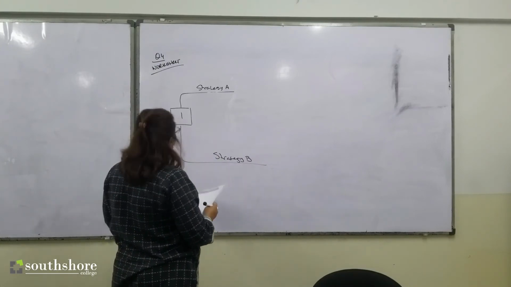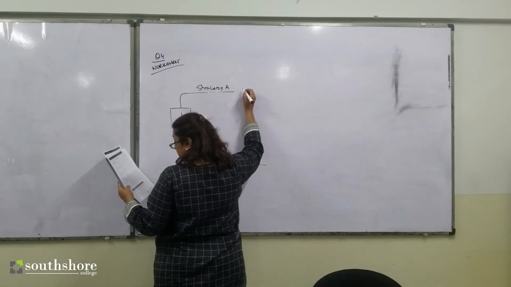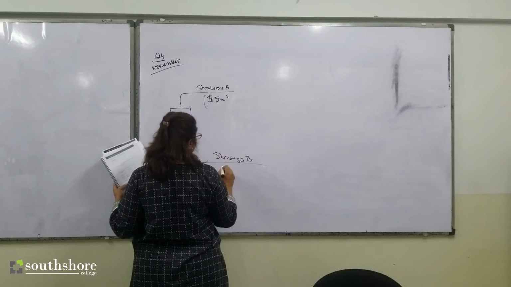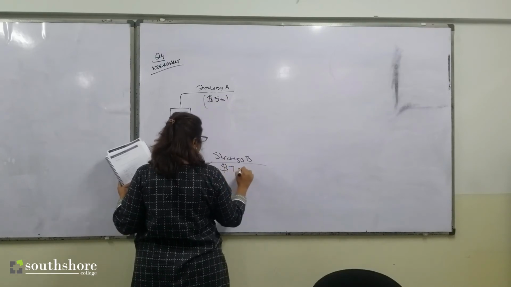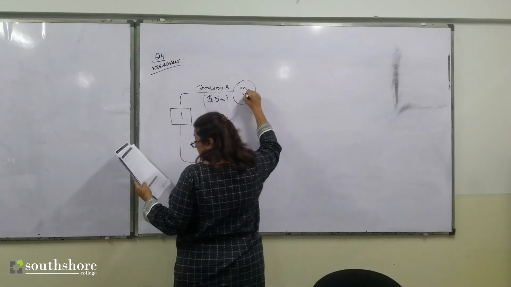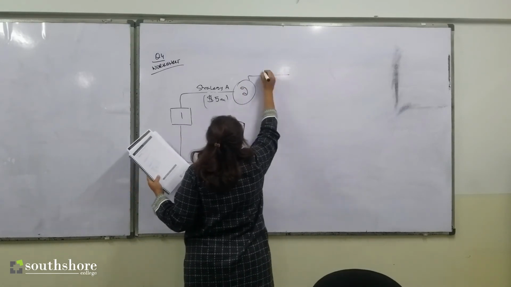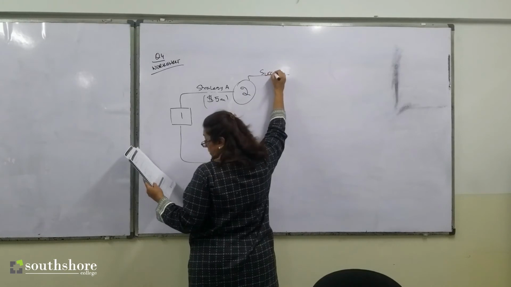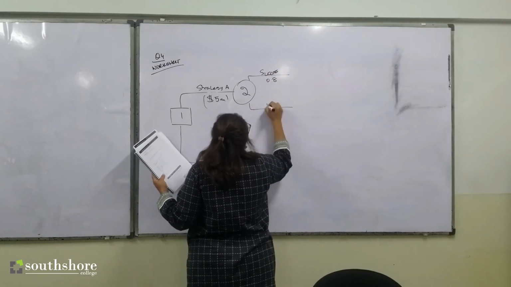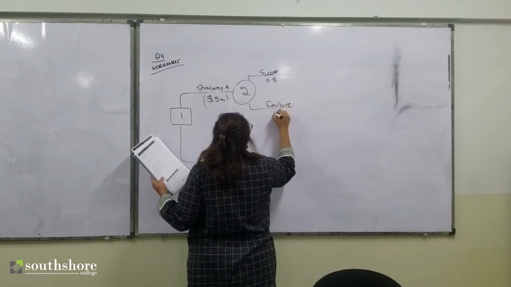Strategy A, then the cost of strategy A is 5 million, cost of strategy B is 7 million, and he has probability of success, this is a 2, is 0.8, so failure has to be 0.2.